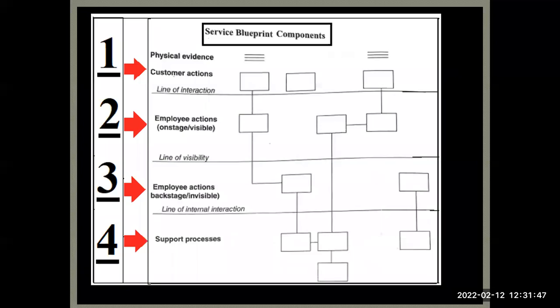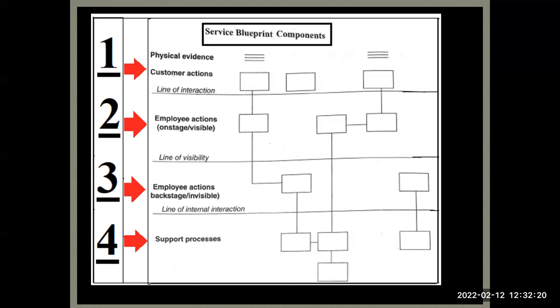Here we have already discussed how a blueprint looks. If you want to see all the components of the blueprint, we have prepared a blank blueprint. This is just a sample, and as we just discussed, there are four rows.